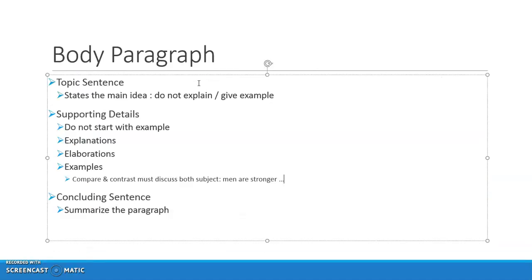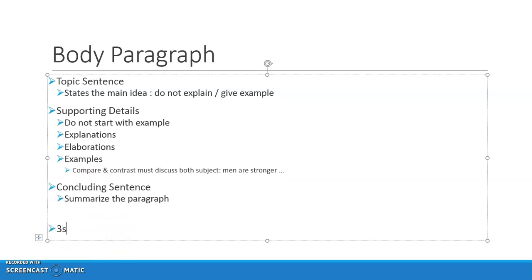So how many sentences do you need in a body paragraph actually? You need to have at least 3 sentences. 1 topic sentence and at least 2 supporting details.